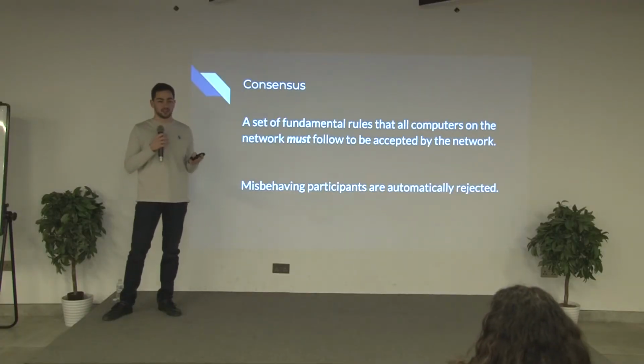So it's a system of creating and storing data in an irrefutable way. People can join this network as long as they follow the rules and leave the network when they feel like it. And so it's just this way of recording history.